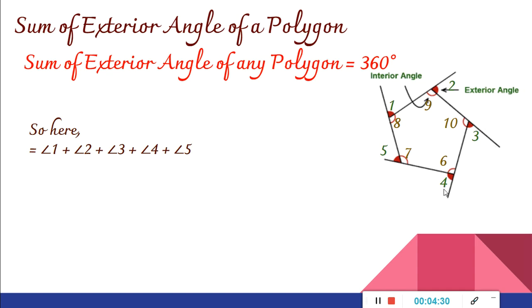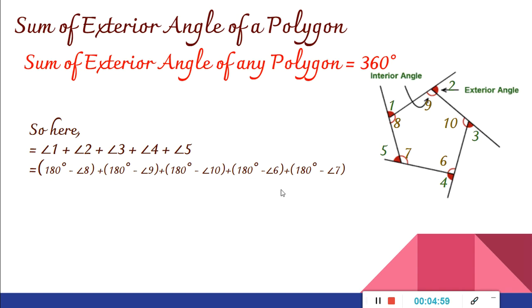Angle 4 is 180 degrees minus angle 6. Angle 5 is 180 degrees minus angle 7.